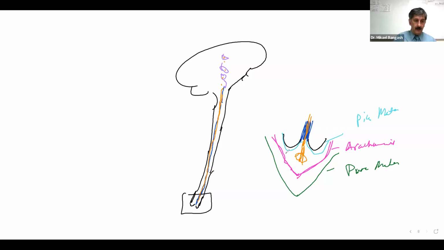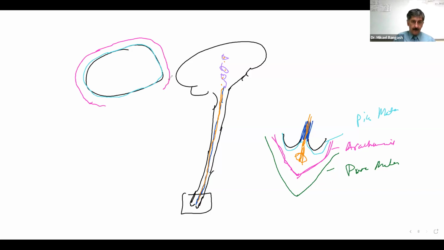If you look at the other end, the brain, glued to all of the brain was your pia mater. Then was the arachnoid layer.